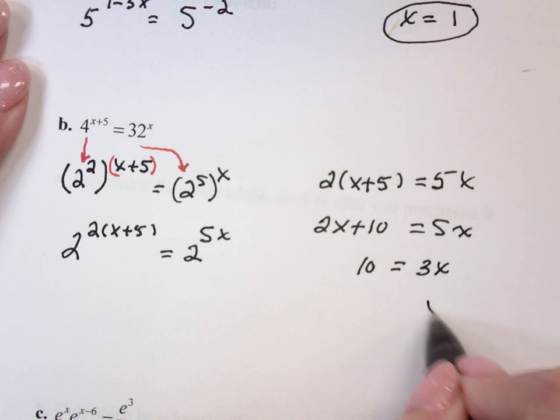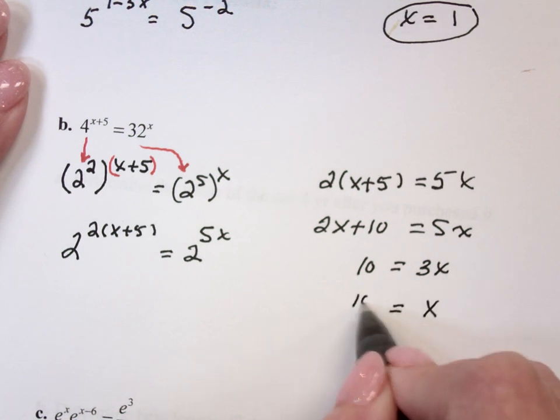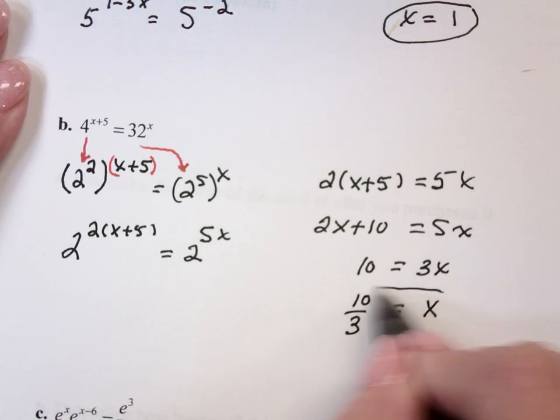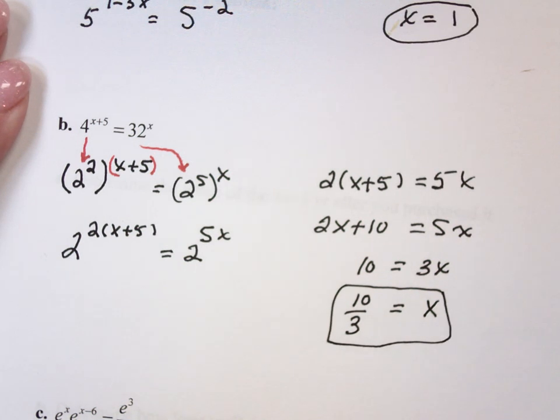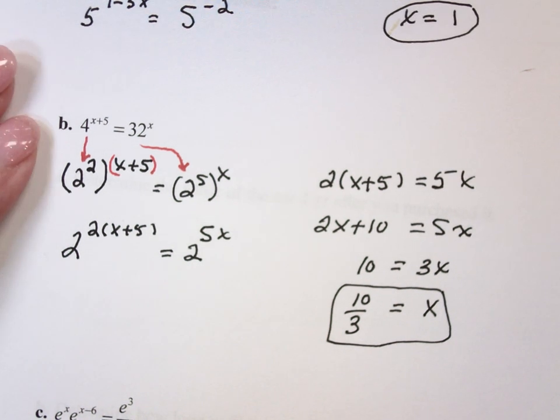Divide by 3. X equals 10 divided by 3. That's more like it. It's not an ugly fraction, but it is a fraction.